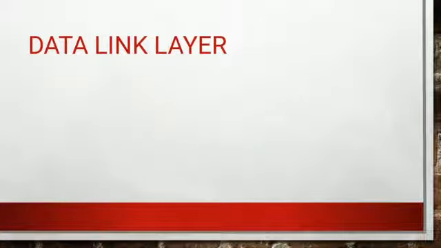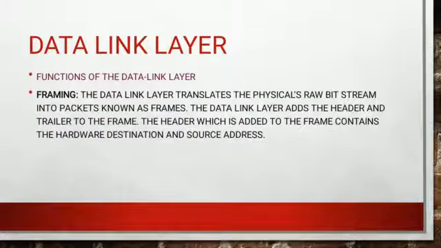So what are the functionalities of the data link layer? We have different functionalities. First one is framing, which means whatever data is collected from the network layer will be framed up. How will it be framed? By adding a header and a trailer to the original data packet.